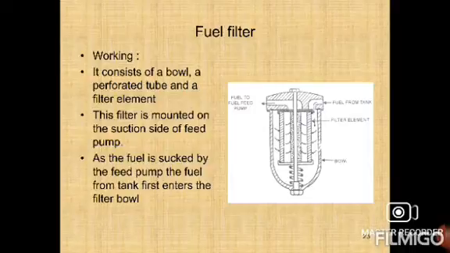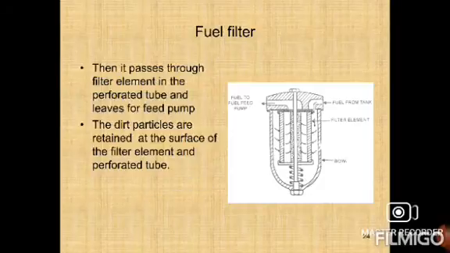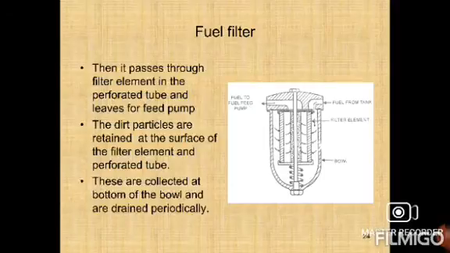The fuel from the tank first enters the filter bowl, then passes through the filter element in the perforated tube and leaves for the feed pump. The dirt particles are retained at the surface of the filter element and perforated tube. These are collected at the bottom of the bowl and drained periodically.